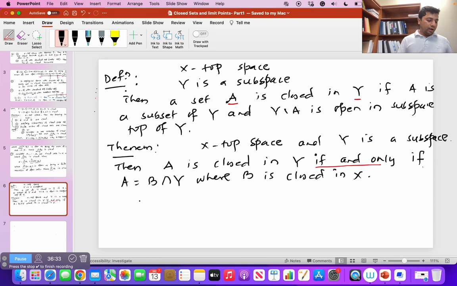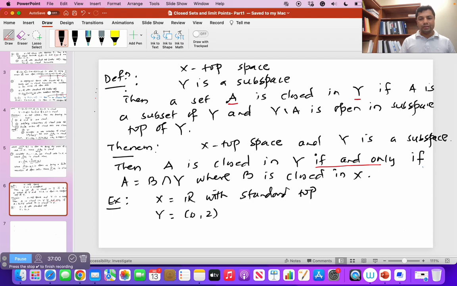Okay, all right. Now let me give you one example of a closed set using this definition. Let's say X is the set of real numbers, our topological space is the set of real numbers with the standard topology, and let's take Y to be this interval 0 to 1 with the subspace topology.